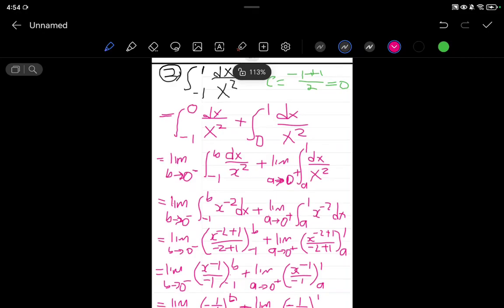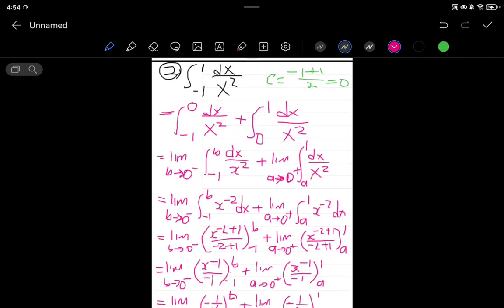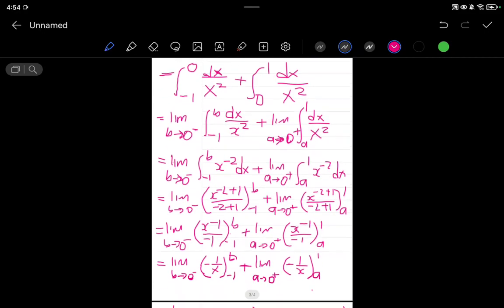So let's check. We exchanged that with 0, and then we did this. We said x to the -2. Did I make any mistakes right now?